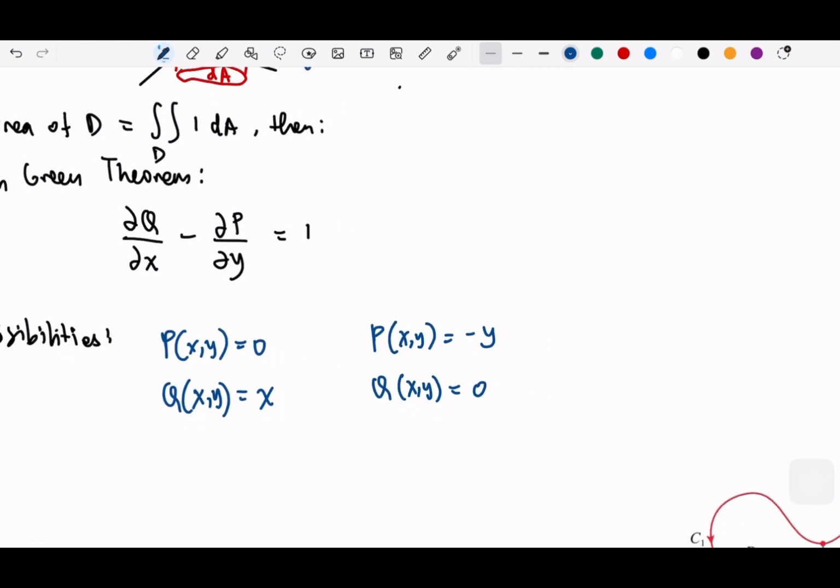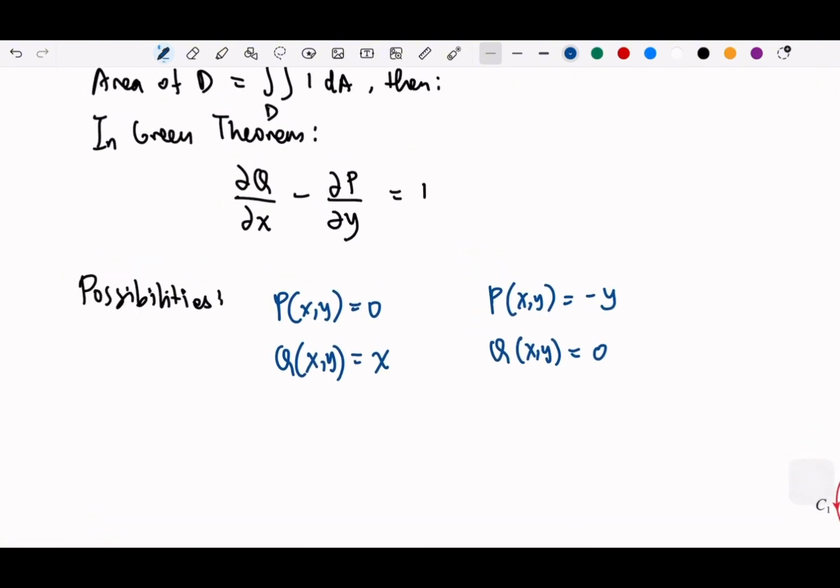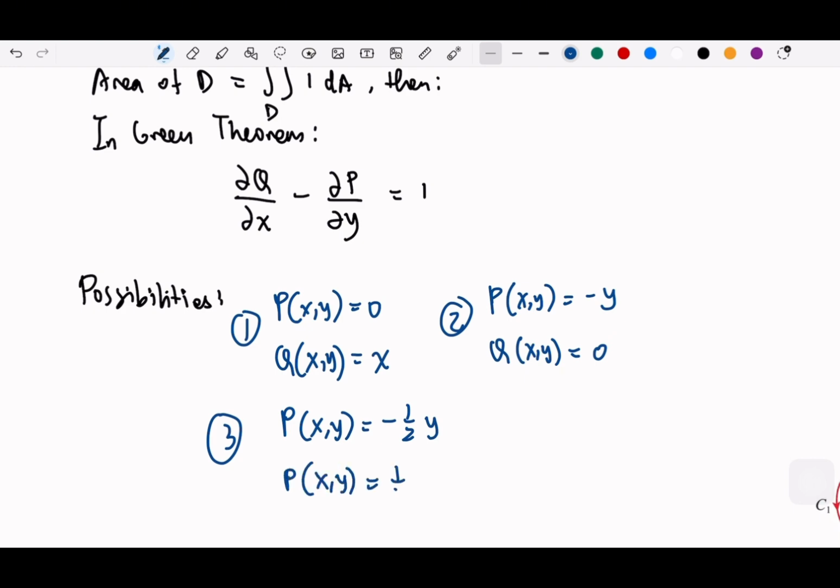Or we could have, so this is 1, 2, 3, P is negative half y, and Q is half x.